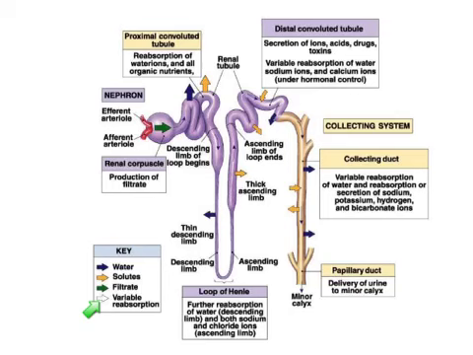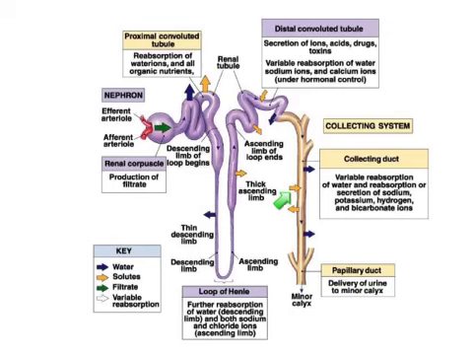Now over here in the collecting system, including the collecting duct and the papillary duct, you have water reabsorption, ion secretion and reabsorption. So these arrows are moving both ways. Reabsorption is taking solutes or water out of the urine and bringing them back into the body.